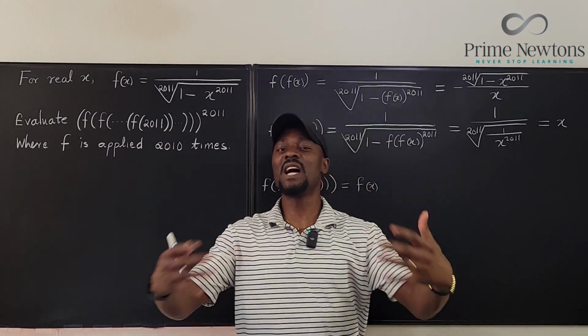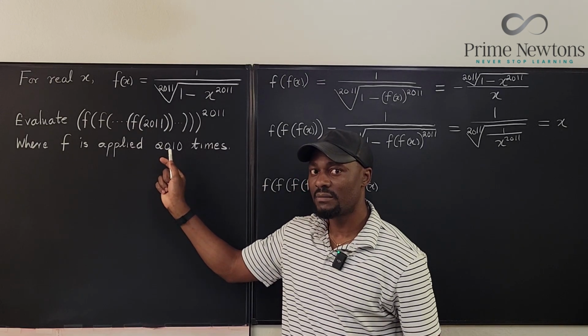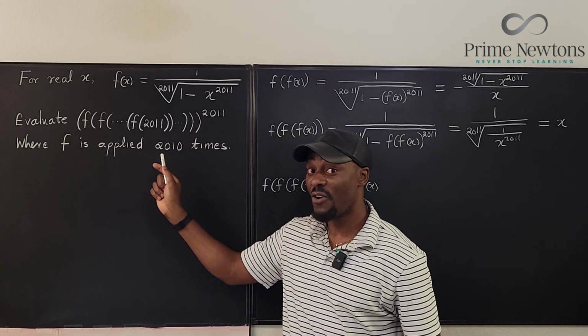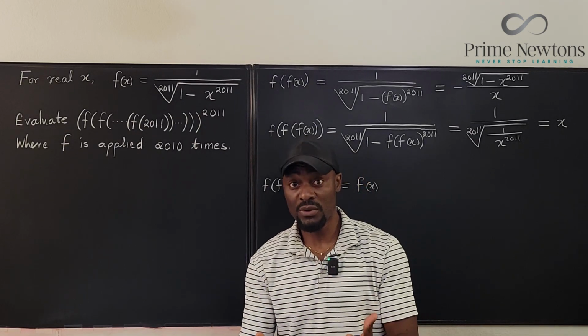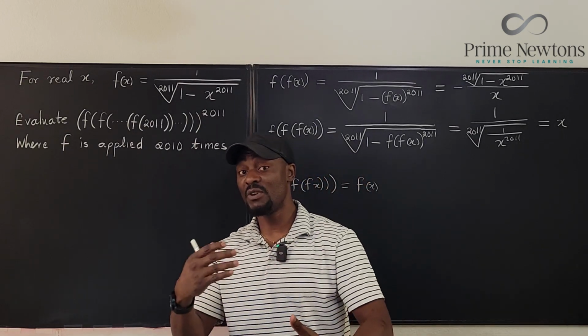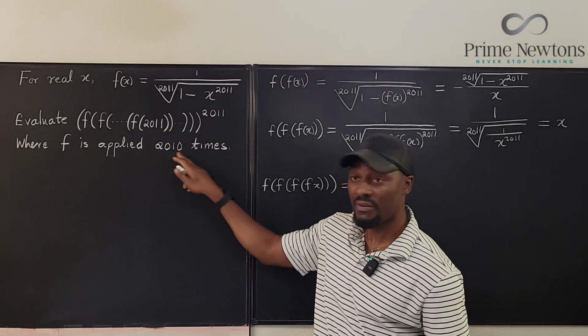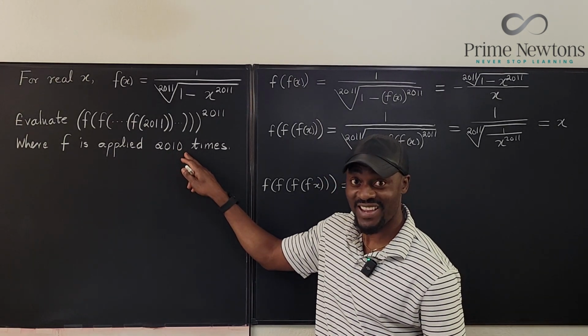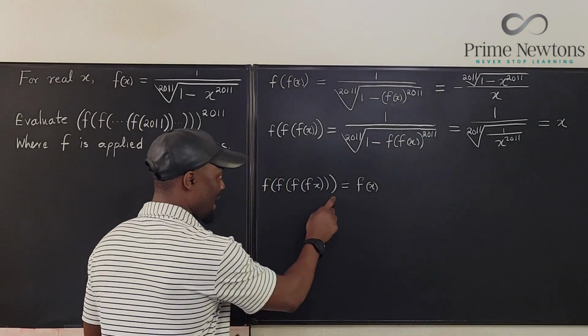So how many 3-time applications are in 2010? Is it a whole number, or will there be a remainder? Well, we know that 3 divides 2010 because the sum of the digits is divisible by 3. Just perfect.